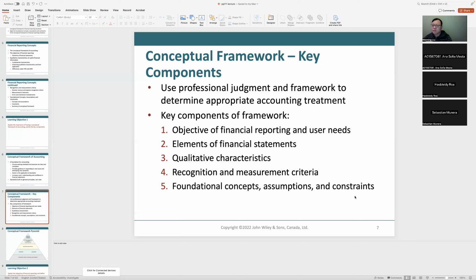But if you think about ASPE, Accounting Standards for Private Enterprises, now this is for private enterprises. Oftentimes they are not listed in the stock market, and they are owned by a family. So not many people are interested in their financial information. Probably the bank wants to know because they are borrowing money from the bank.